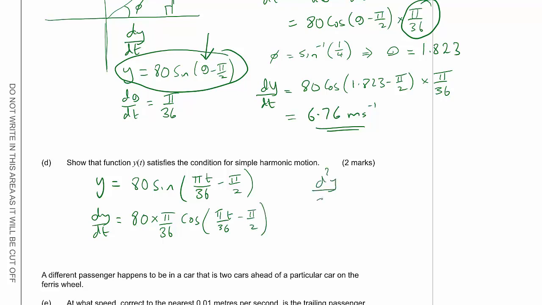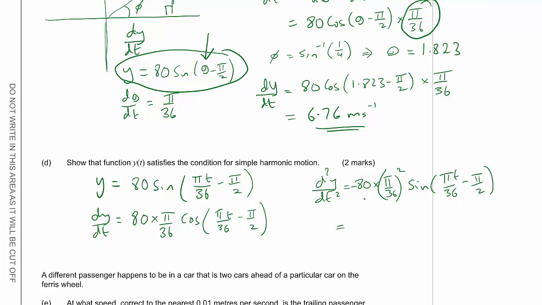And then d2y dt squared would be 80 times pi squared. Let's write that as pi on 36 squared, sine of pi t on 36, take away pi by 2, and when we differentiate, because it's negative sine, there'll be a negative in front there.